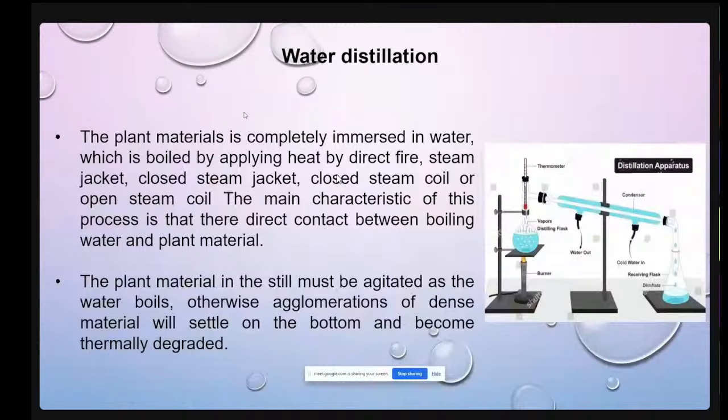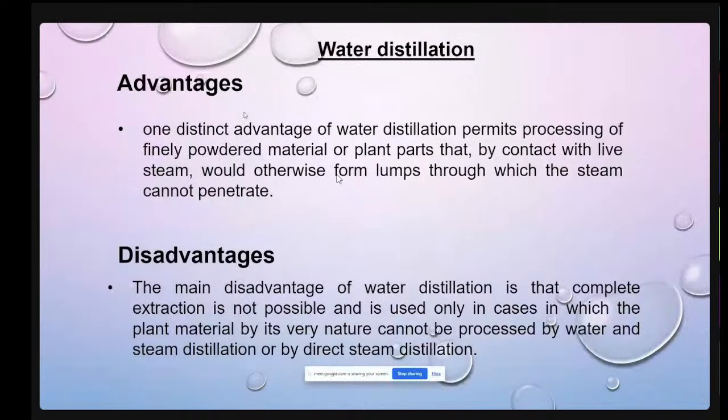The plant material in the still must be agitated as the water boils. Otherwise, it will settle on the bottom of the still and become thermally degraded. So there are advantages and disadvantages of water distillation.